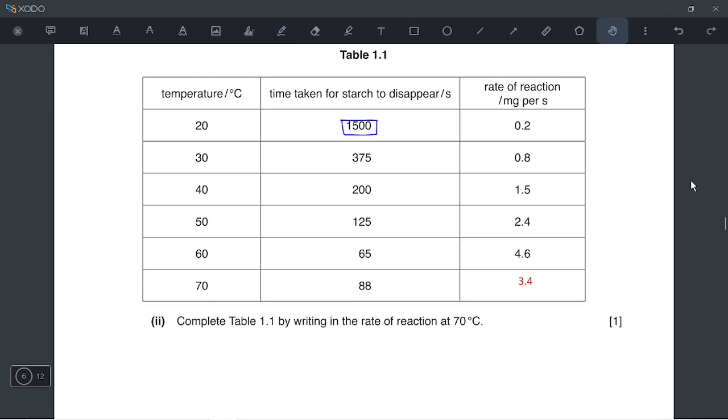And gradually you can see as the temperature increases, right? So here you can see the time taken will first keep decreasing and then increases.